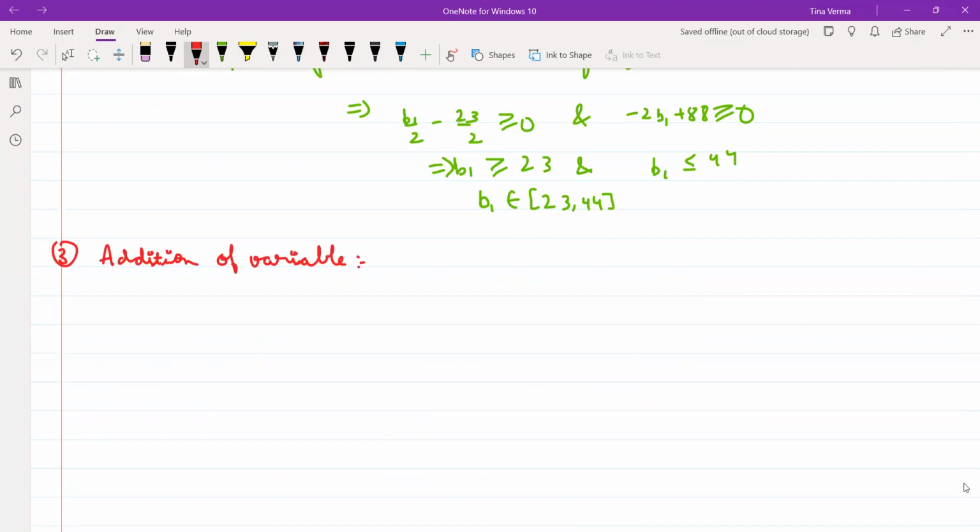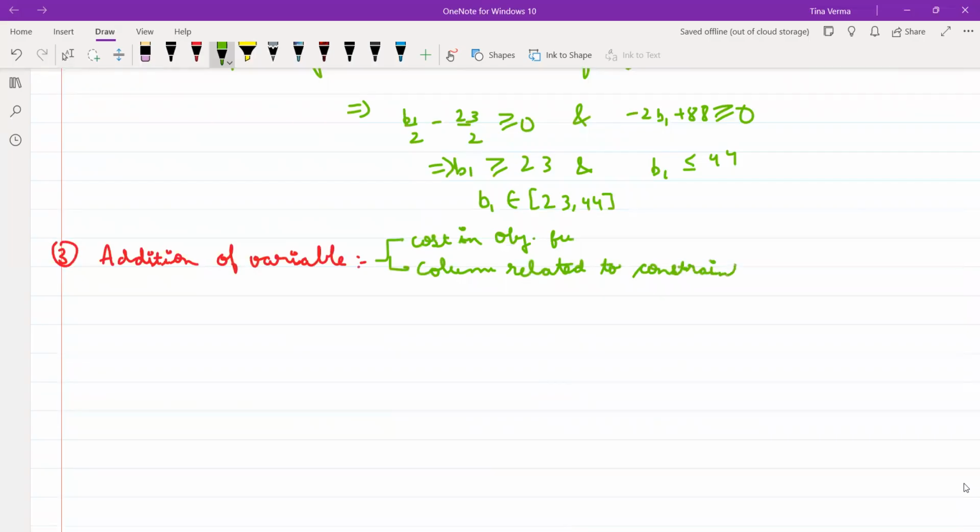When we are doing addition of a variable, obviously what I need is the cost in the objective function, and I need the column related to the constraints, which we have to add to our constraints. This is what I know.